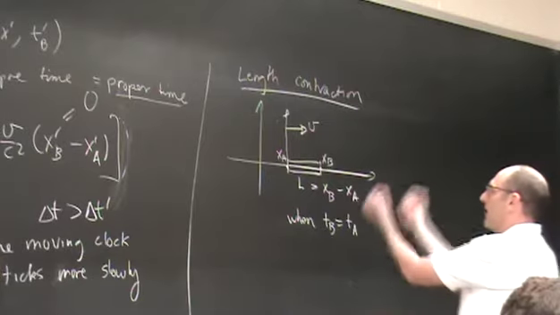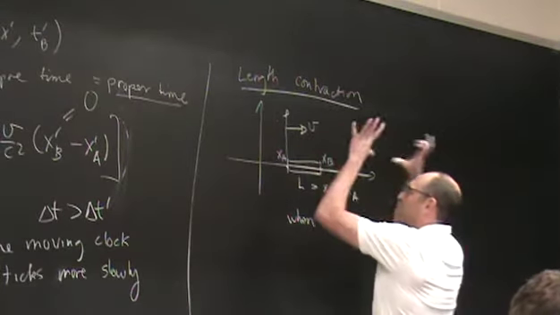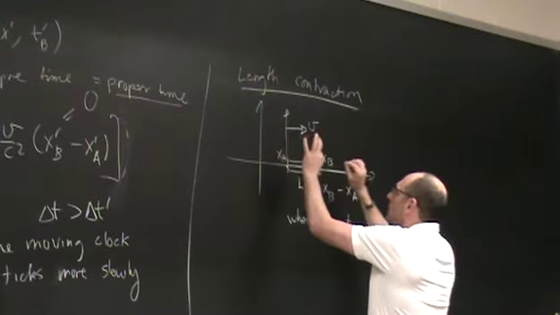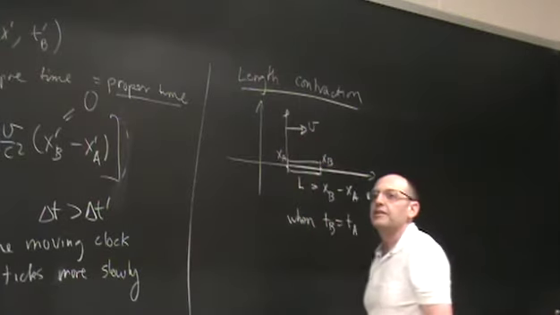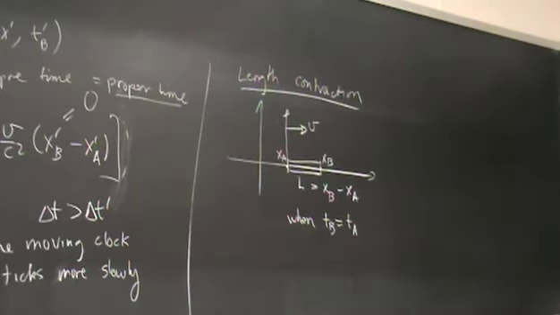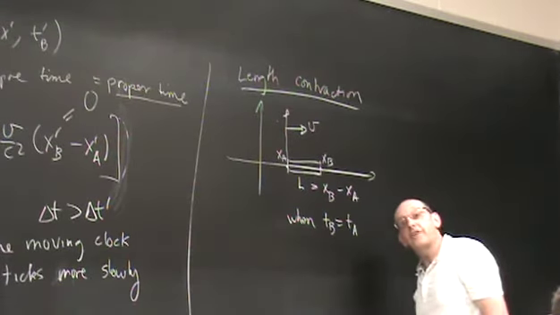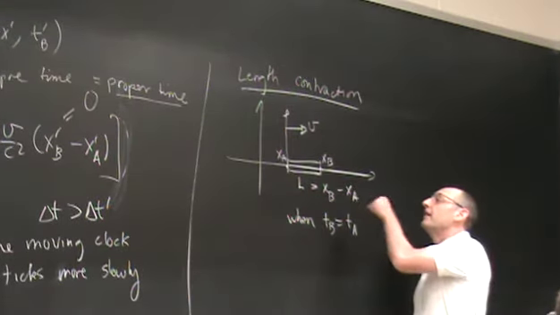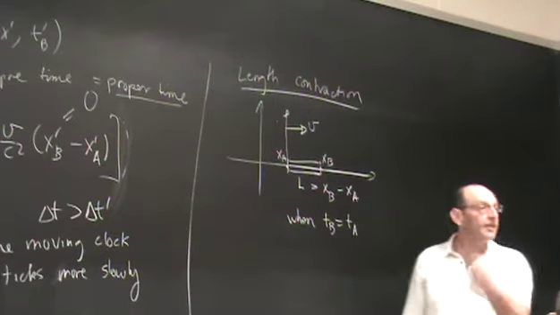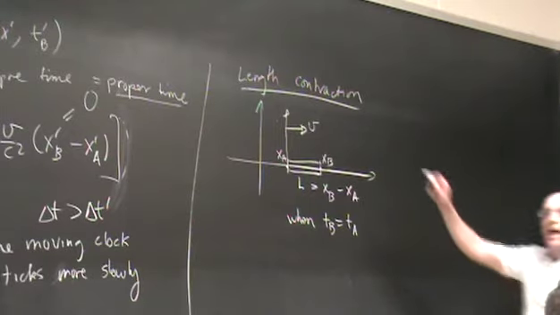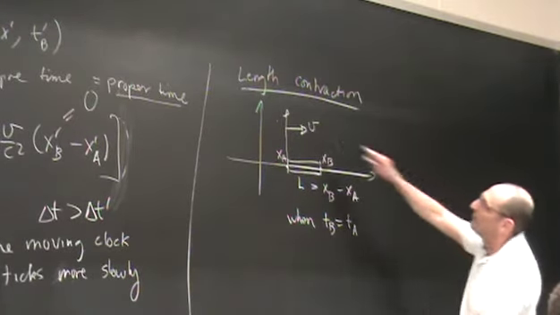In my reference frame, a little explosion goes off at the same time at each end, and then I ask what is the spatial distance between those two points. Now, of course, the ruler is moving by. So the question we ask ourselves is, what is the length of the ruler in its own reference frame, co-moving with the ruler at V?